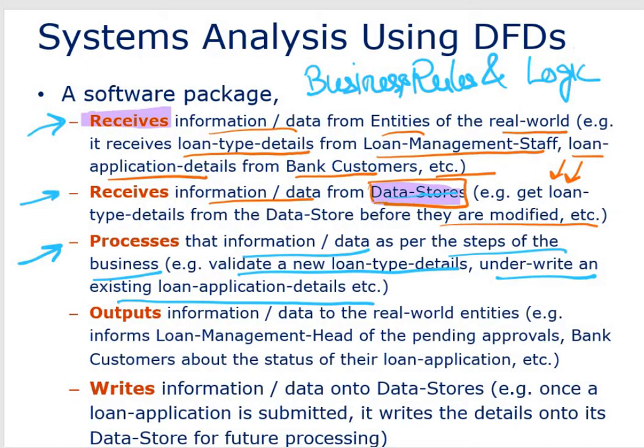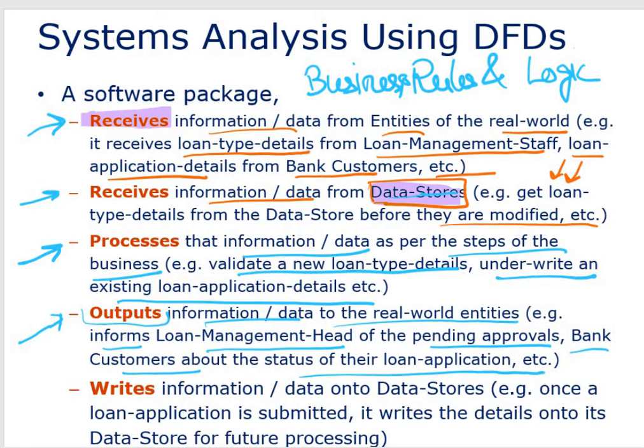So once I process it, I'm going to get some output. So your information or the data to the real world entities will be given as output. For example, I need to inform the loan management head of the pending approvals and bank customers about the status of their loan application.